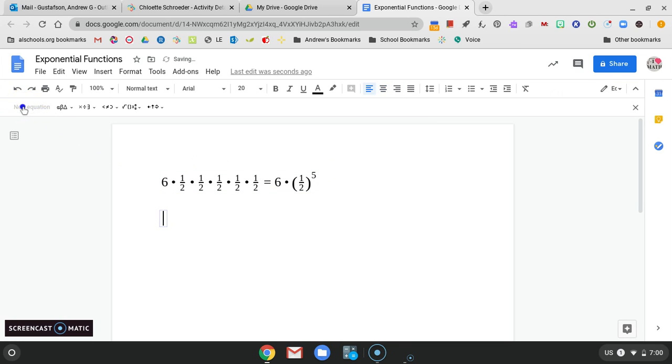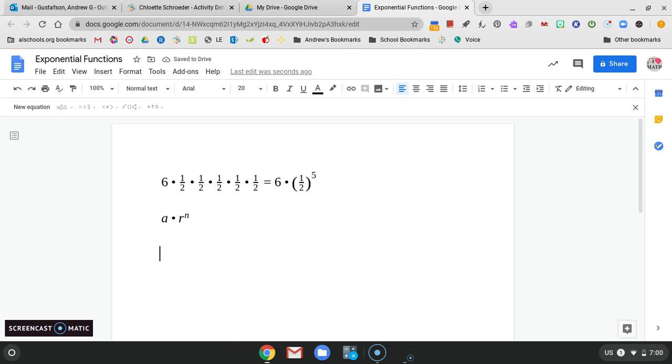Generally, we would write the equation as some starting value A. I believe Newton uses B to represent the rate at which it's changing. I'm going to use R simply because R works better with the way we talk about rates and ratios. But B is in the Newton, to the power of something. And so this is your general exponential function right here: A times R to the n power.